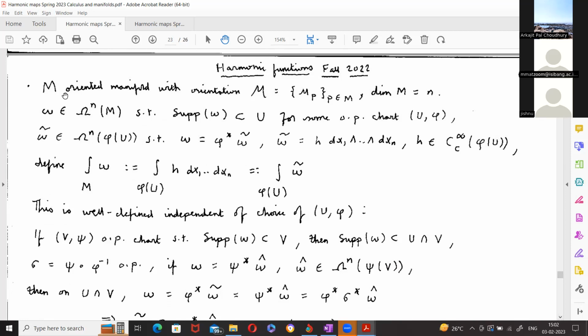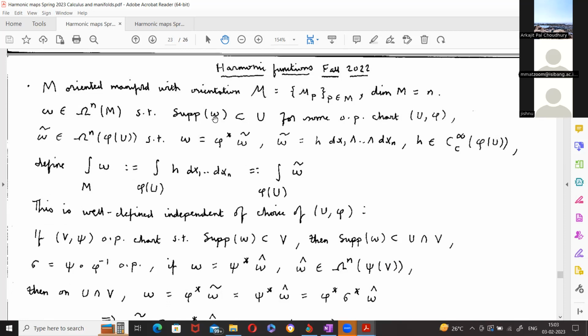All right. So now suppose we have an oriented manifold M with orientation mu. So the dimension of M is n. Suppose omega is an n form on M, and let us suppose that the support of omega is contained in U for some orientation preserving chart (U, phi).